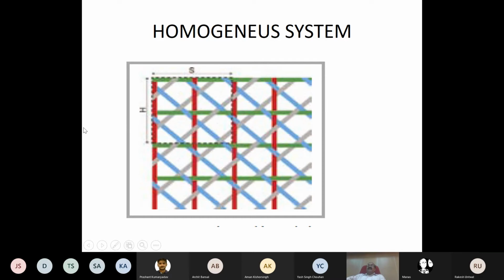So this is, remember, 3 warp, 1 weft, homogeneous multi-axial weaving. I repeat, 3 warp, 1 weft, multi-axial homogeneous weaving.